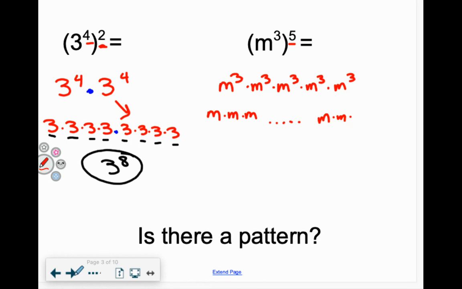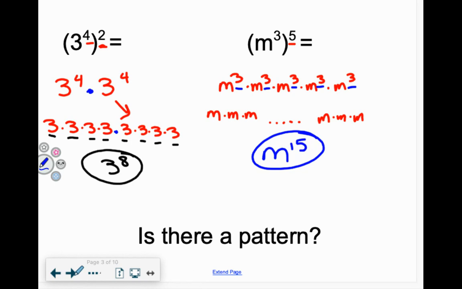If all of those are m times m times m, we count the total number that there are: 3, 6, 9, 12, 15. So a total of 15 m's.